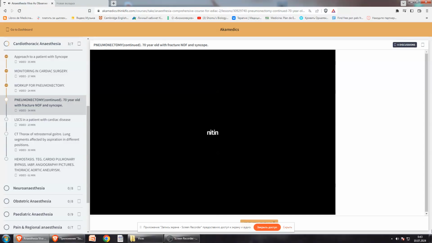Because it is syncope, this is severe aortic stenosis, and it is really symptomatic, so I think she has to go as early as possible for treatment of this.